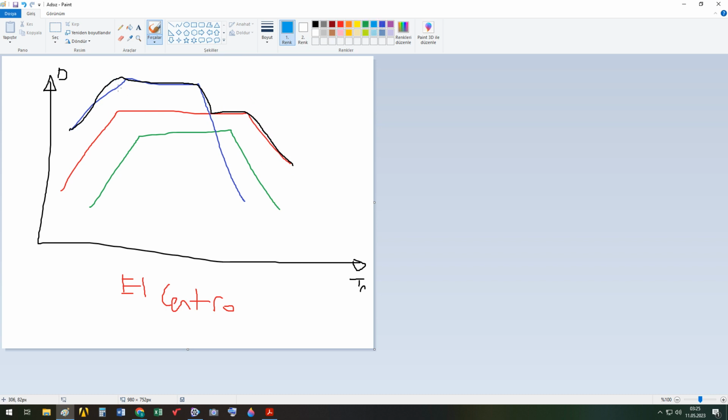Use the maximum value and multiply it with 0.841 and draw something like this. This is called elastic design spectrum.